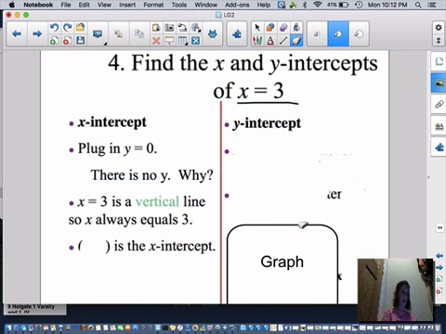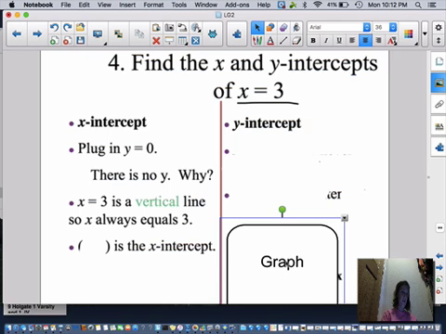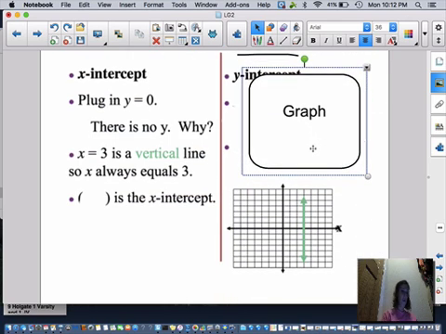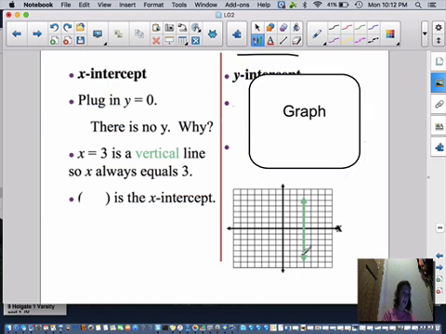So looking at this graph, on this line, you will see that at every point, x is 3. So it creates a vertical line. Therefore, it never crosses the y-axis. Okay, so we never have a y-intercept here.